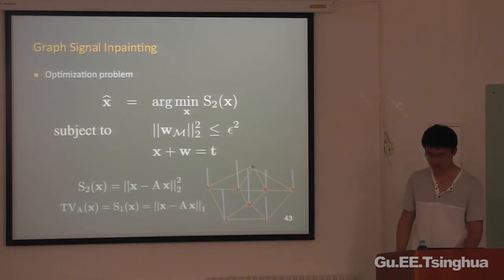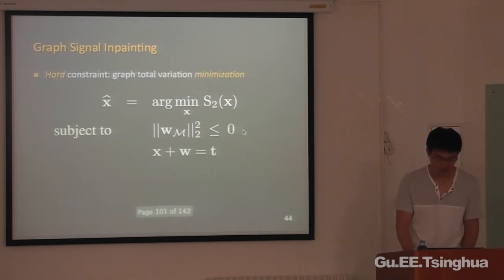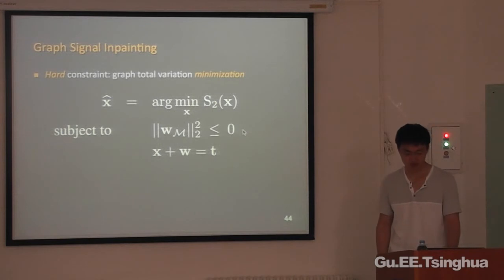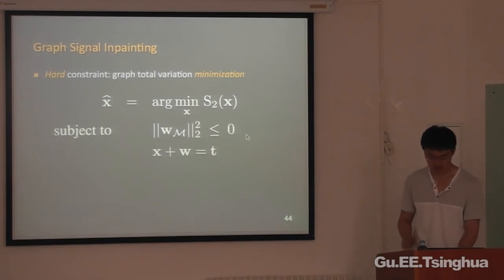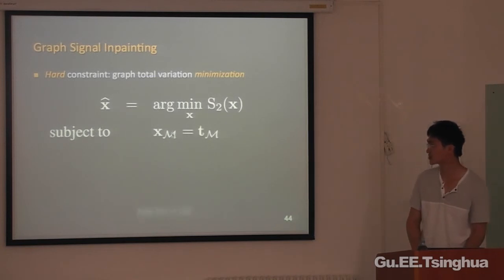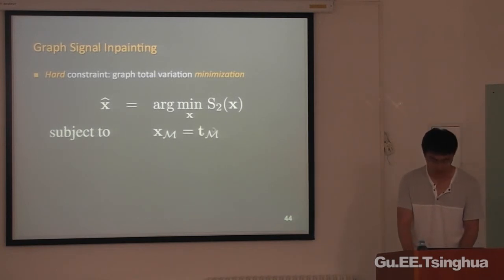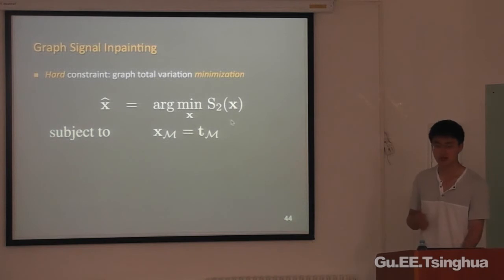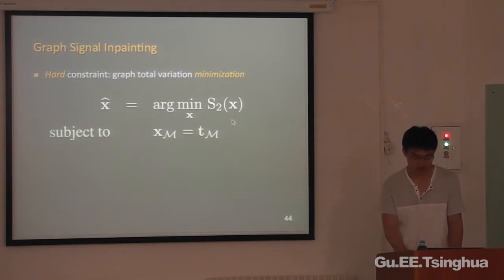If the noise level is very small, so this epsilon is 0, then we call it a hard constraint, and call it graph Tikhonov regularization minimization. Because epsilon is 0, we can only have the constraint Xm equals Tm. And we focus on minimizing the quadratic form of the total variation of X.